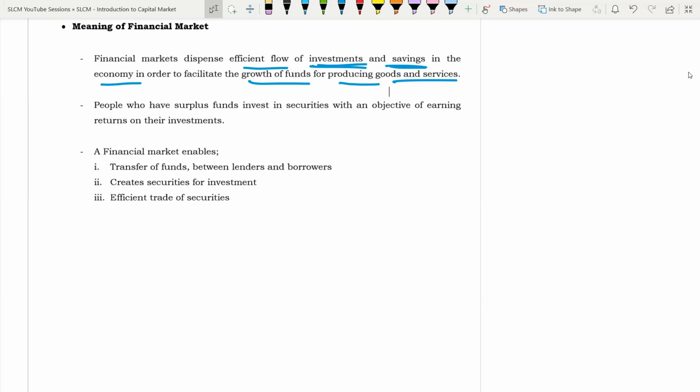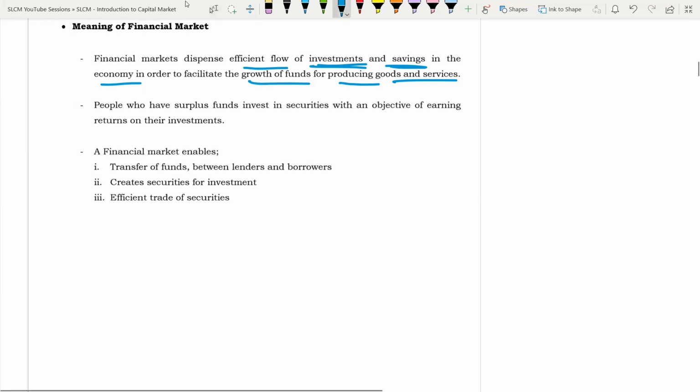So this is the aspect of financial market where they help in channelizing the money from the people who have extra money to the people who are in need of money for growth of the business entities which are producing goods and services. If the businesses grow, then automatically the economy of the country is also growing.